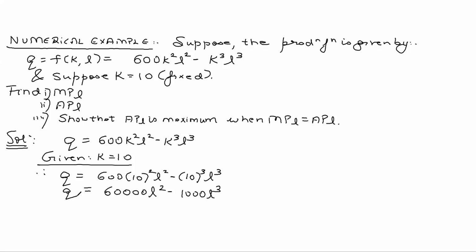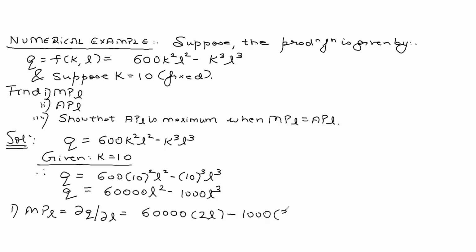Now to find MPL, what do I do? Del Q by del L, which will be 60,000 into 2L minus 1000 into L cube's derivative, which is 3L square. We have differentiated it, and it becomes 120,000 L minus 3000 L square. This is my MPL.